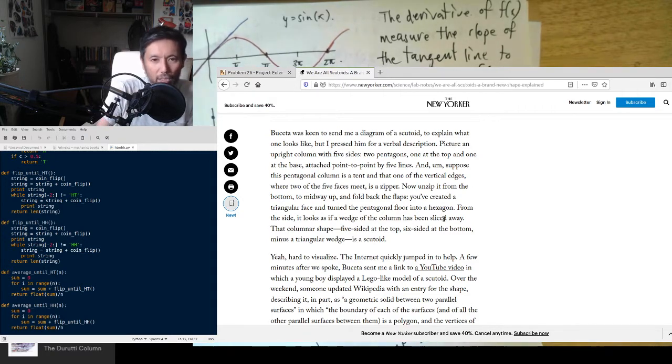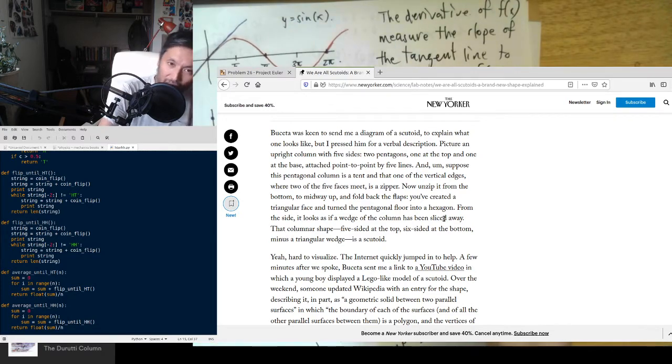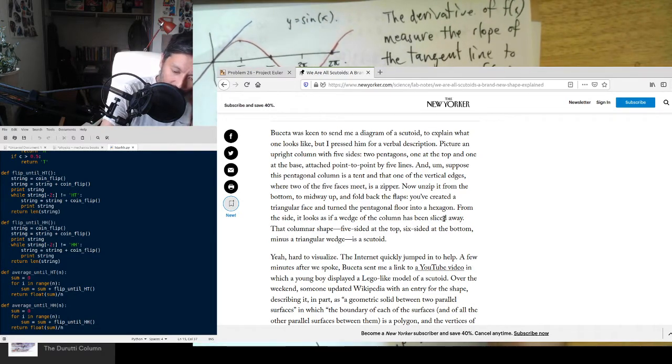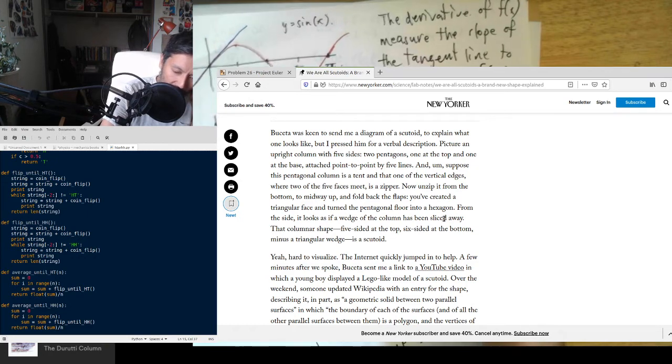Okay, so there's the pentagonal prism. And suppose the pentagonal column is a tent, and that one of the vertical edges where two of the 5 faces meet, so one of these edges is a zipper. Okay, so this we're going to now imagine is a zipper.